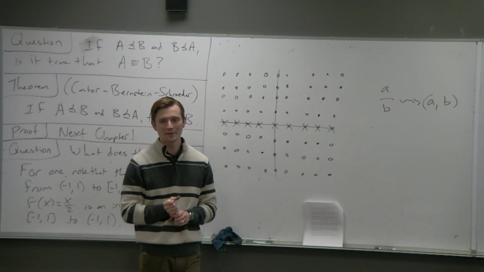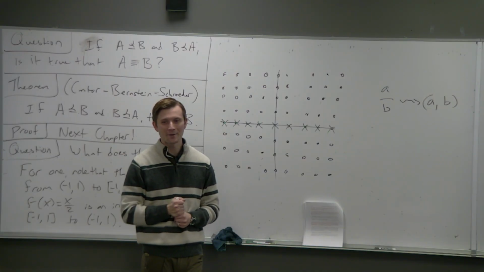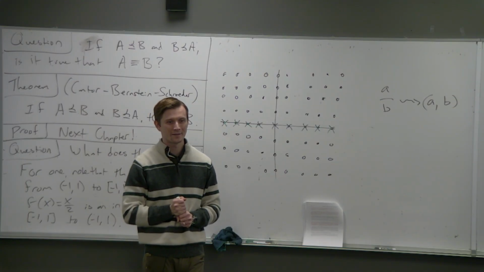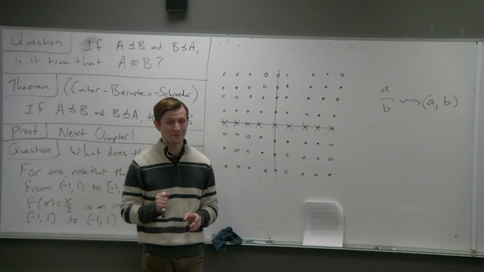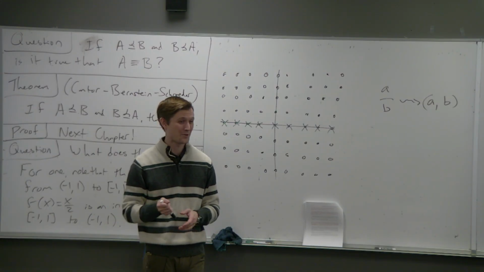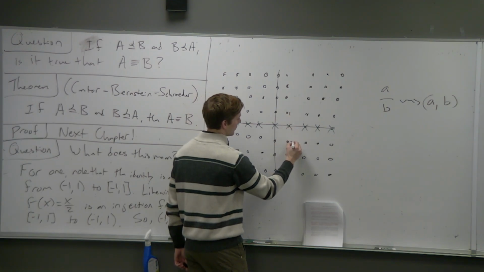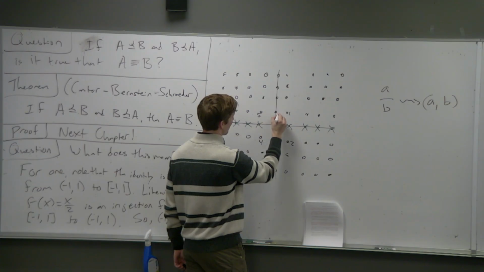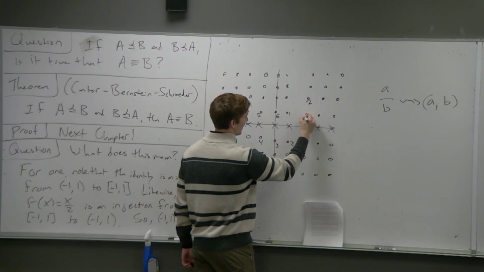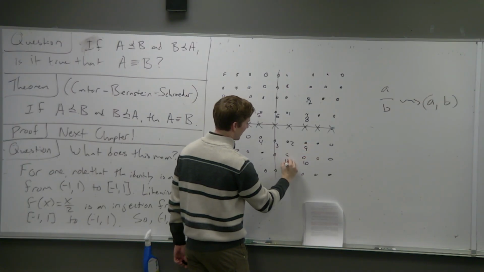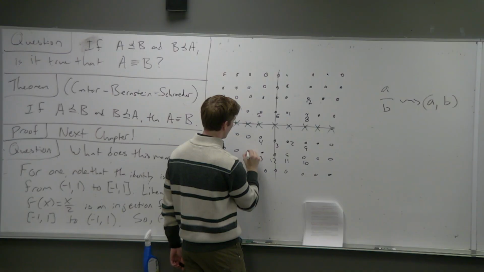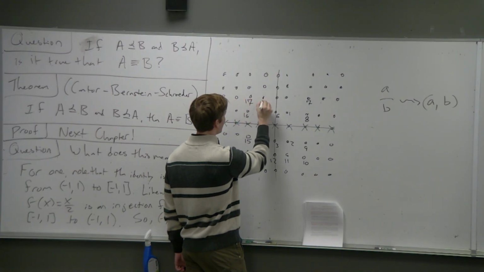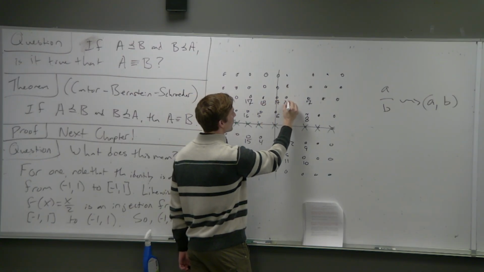Can you come up with some sort of counting scheme where you would go through and count them all out? There are so many of them. Just try one. Okay, let me show you one. 1, 2, 3, 4, 5, 6, 7, 8, 9, 10, 11, 12, 13, 14, 15, 16, 17, 18, 19, 20.